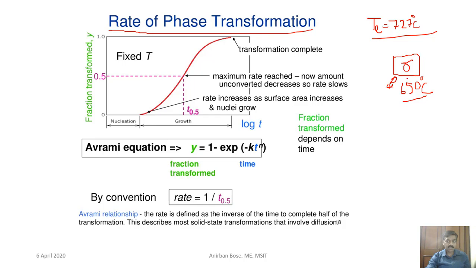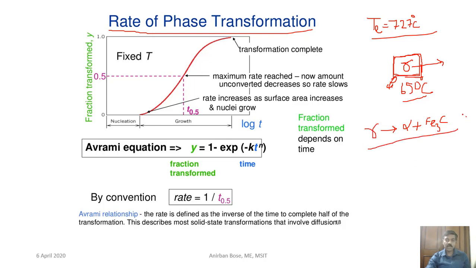At this temperature you keep it for a long time, and you observe how much time it will take to transform this austenite into pearlite, that means ferrite and cementite. We want to see how much time it will take.